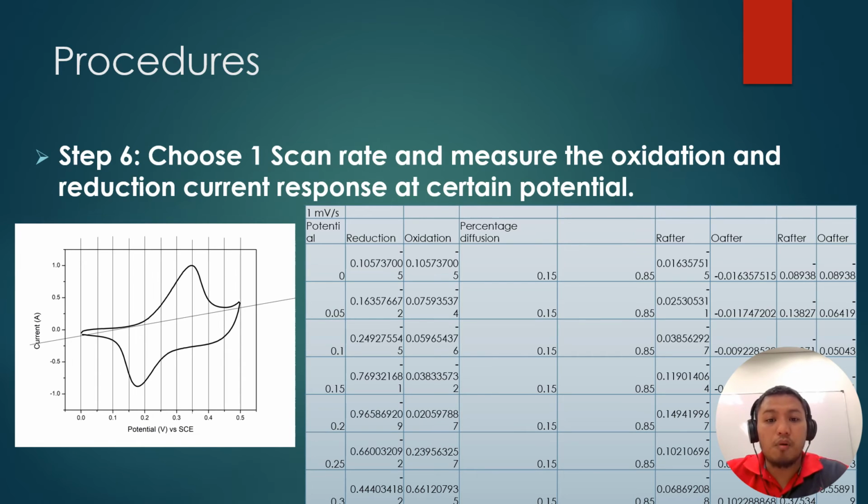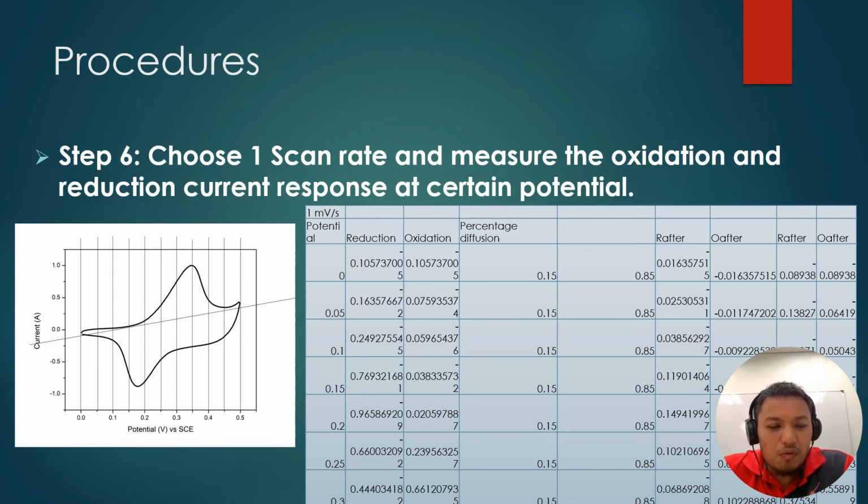Don't calculate both the percentage of diffusion and the percentage of capacitive, since diffusion and capacitive are the same. Don't calculate for diffusion limiting as well. Just calculate only one, otherwise it will give you a headache. Okay, so it's quite simple.